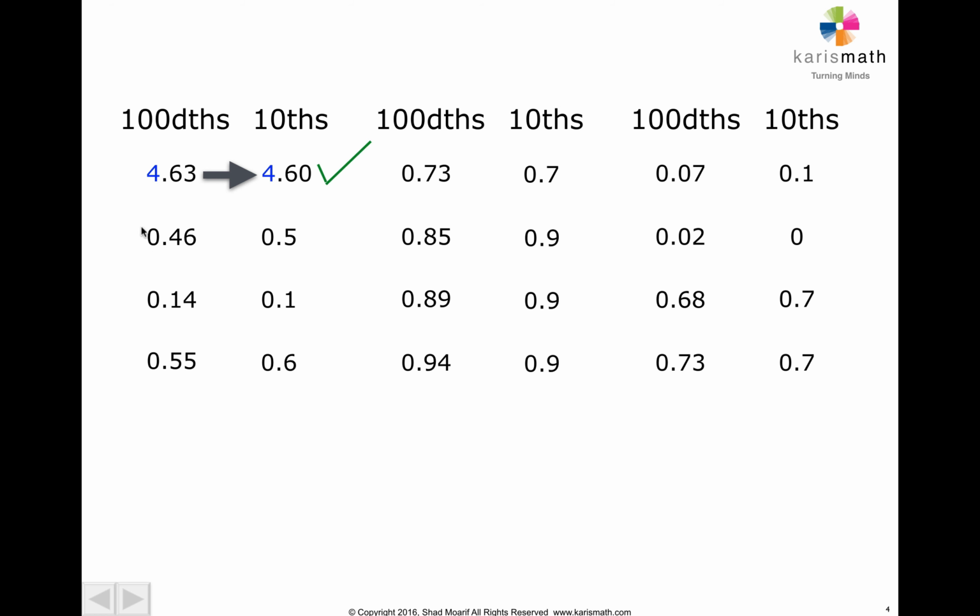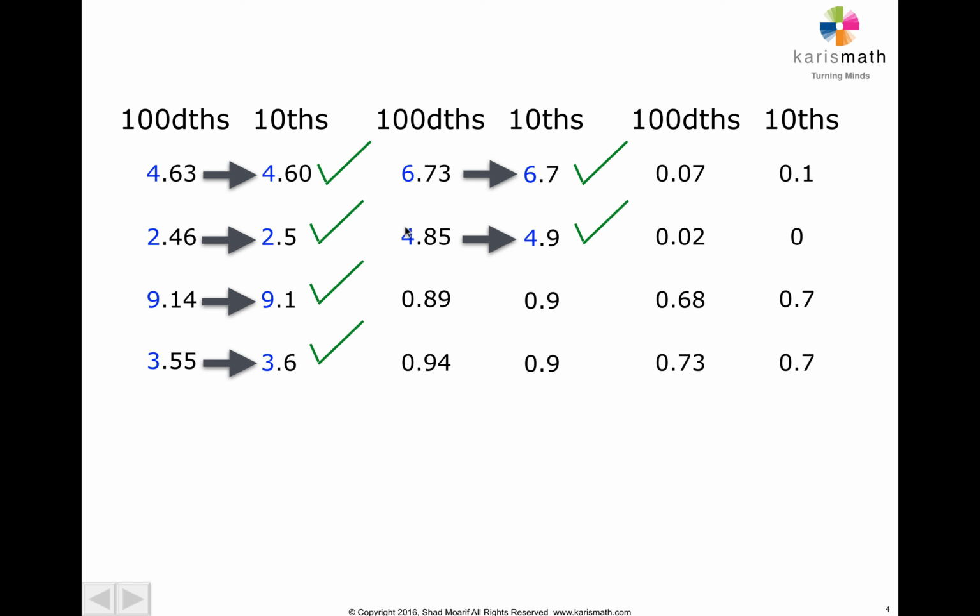If I put whole numbers here, it won't make any difference. 2.46 is the same as 2.5 if you write it in tenths. 9.14, if you want to change it to tenths, you write 9.1. 3.55, you'll write it as 3.6. Same thing here, 6.73, written as 6.7 in the tenths.